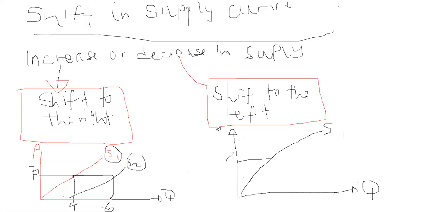Let's say the price was 2, and the quantity supplied was 4. For some reasons, factors that shift the supply curve may have a negative influence on supply, then the curve shifts to S2. So we see that the price is constant, but the supply decreased from 4 to 2.